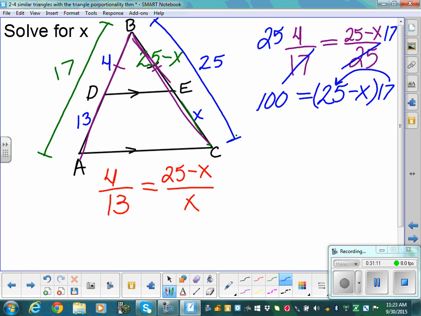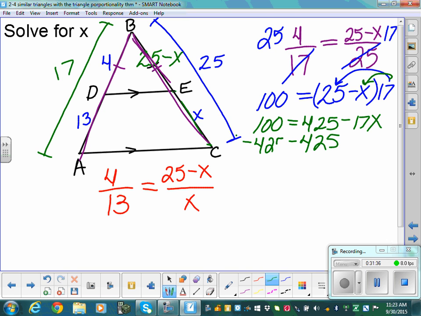So 17 times 25. 425 minus 17x, right? 17 times negative x. So now we have to subtract 425 from both sides. So we would get negative 375 is equal to negative 17x.